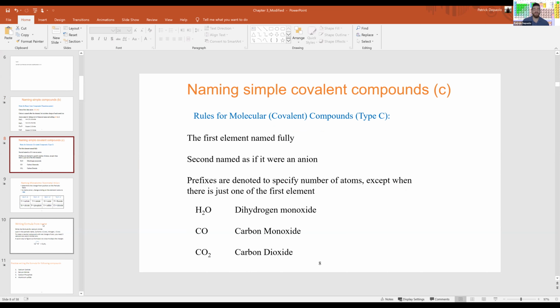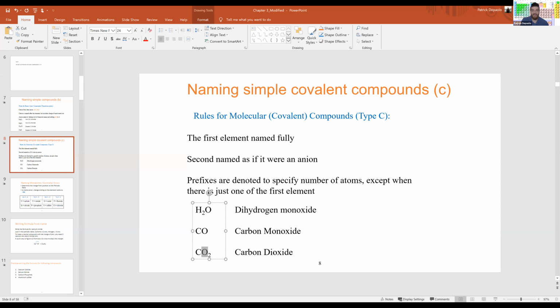So let's use our examples that we know. We know carbon dioxide, CO2, okay? It's between 2 nonmetals. We know that, right? Covalent is between 2 or more nonmetals. The first element is carbon, and in the name, it's also carbon. So that means the element stays its name. Then the second element has a dioxide.